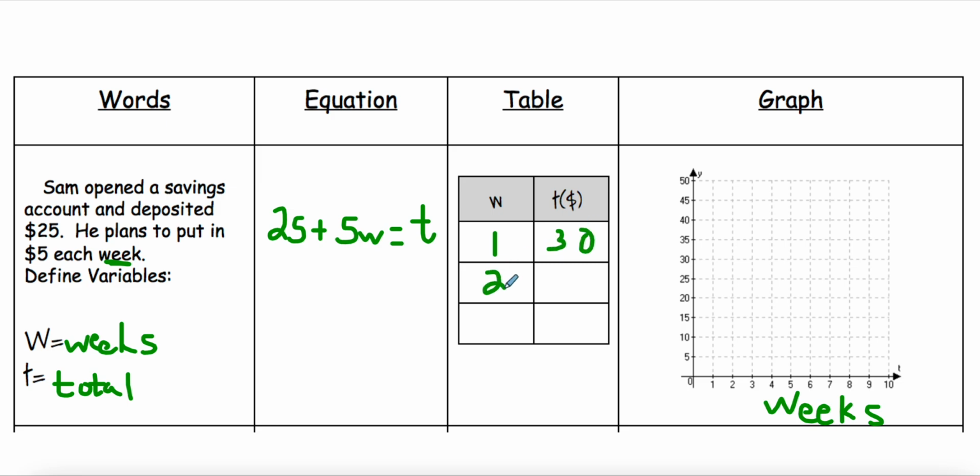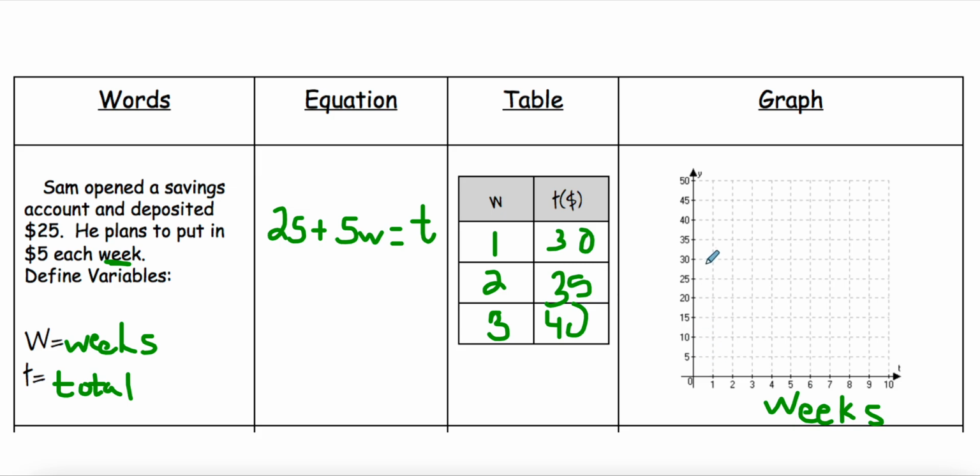If I put in 2, I get 10. 10 plus 25 is 35. I can put in a different number. Well, I should keep, so the rate of change stays the same, my X's should stay the same. If I put in 3, I get 15. 15 plus 25 is 40.